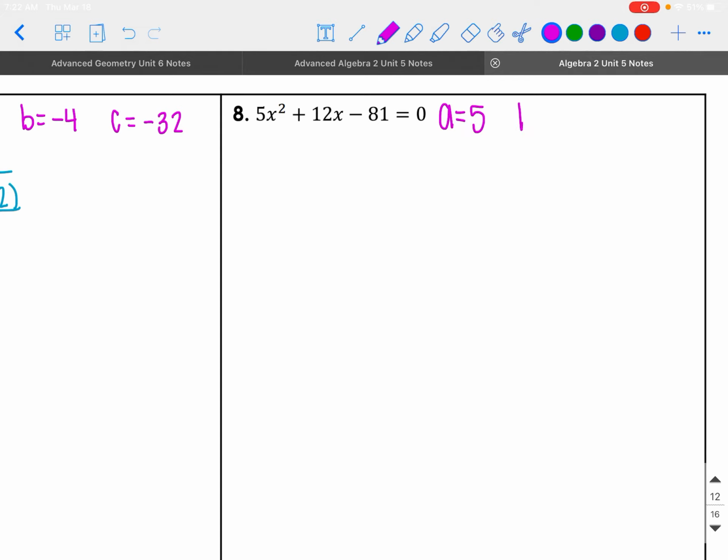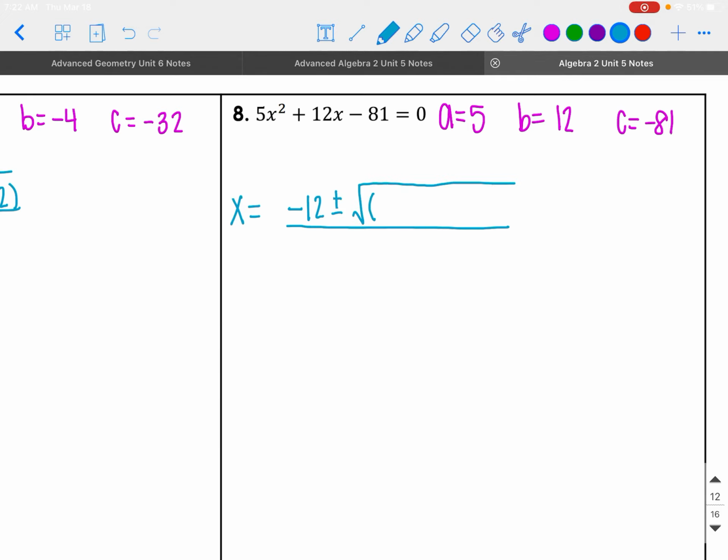Number 8. A equals 5, B equals 12, C equals -81. -b, it's going to be -12 plus or minus the square root of 12 squared minus 4 times 5 times -81 all over 2 times 5.